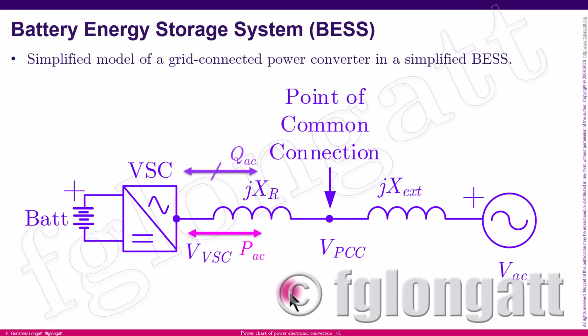But in this case today, we are including an external grid, and that external grid is very simple: an equivalent reactance connected to an ideal voltage source. And the idea is that you understand that the connection of the inverter or the power electronic converter to the AC grid is related with the grid characteristic.